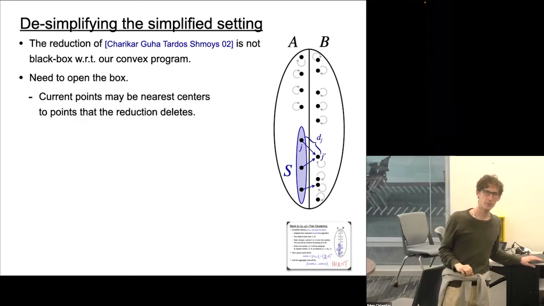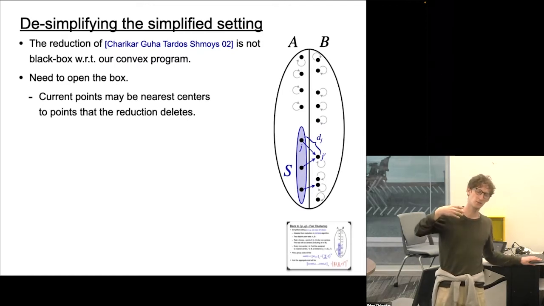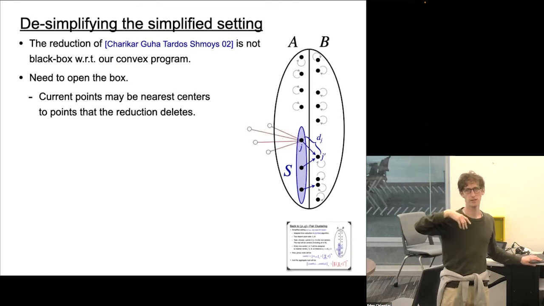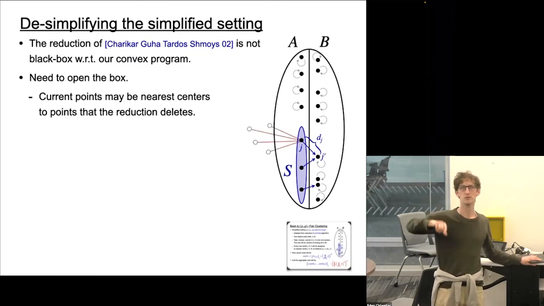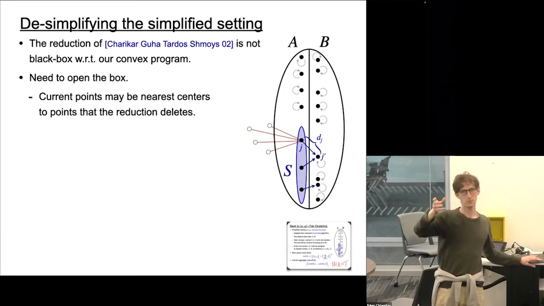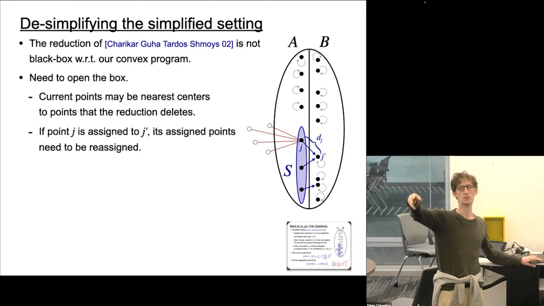And to open it just a little bit, but not too much, what this reduction does is it deletes some points, and then it has this initial clustering, and then you only worry about the centers. If you have other points which were deleted, and their center gets assigned somewhere else, then they get rerouted through the center too. So if you have these white points that got deleted in the reduction, and then J becomes a non-center and gets assigned to J prime, then these white points that were assigned to it will also be assigned to J prime.